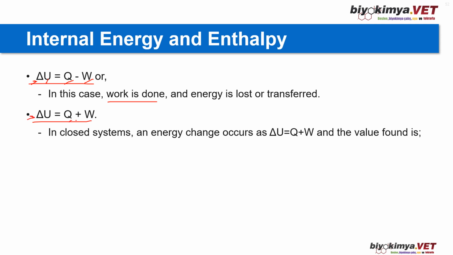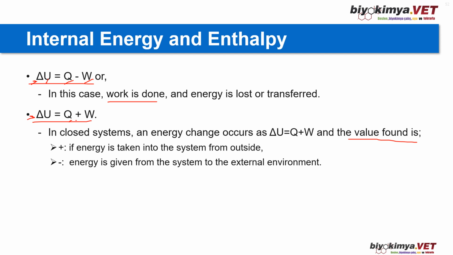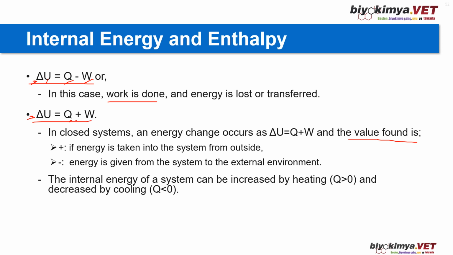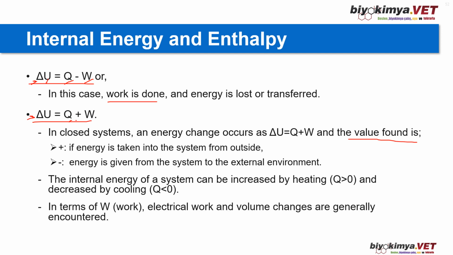In closed systems, an energy change occurs, and the value found is positive if energy is taken into the system from outside, negative if energy is given from the system to the environment. The internal energy of a system can be increased by heating and decreased by cooling.